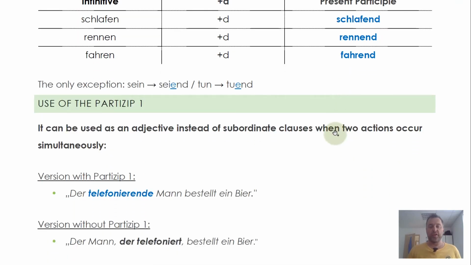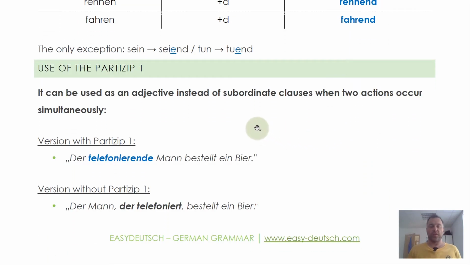And we use it in order to substitute a subordinate clause, usually a relative clause, and that usually means that two actions happen at the same time. Same in English. Two actions have to happen at the same time. Der telefonierende Mann bestellt ein Bier. So the man who is calling, who's on the phone, is ordering a beer.